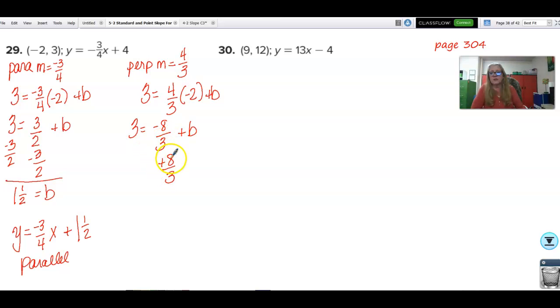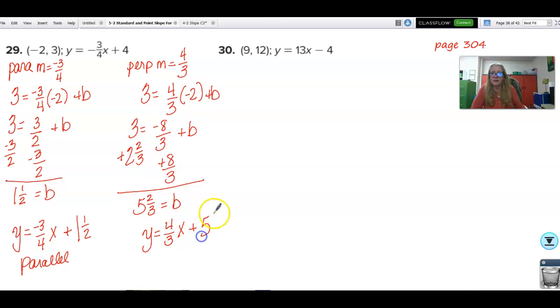But 8/3 is really 2 2/3, so I'm going to write it 2 2/3 because that will be much easier to add to 3, which gives us 5 2/3. Not a very pretty y-intercept, but okay. So the perpendicular line has an equation of y equals 4/3 x plus 5 2/3.